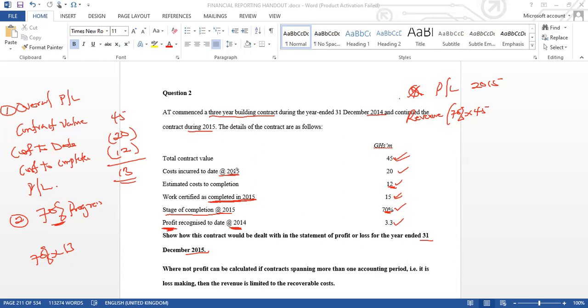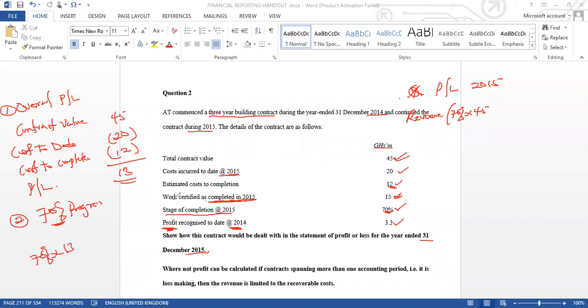Cost, I see cost to date 2015. I see estimated cost to complete. I see work certified 2015. Okay, so this is the work certified as completed in 2015. I don't think I need to go through all this because they've actually given me the work certified, the revenue, in 2015 already. So I really don't need to go through the whole 70% times 45. Be very, very careful.